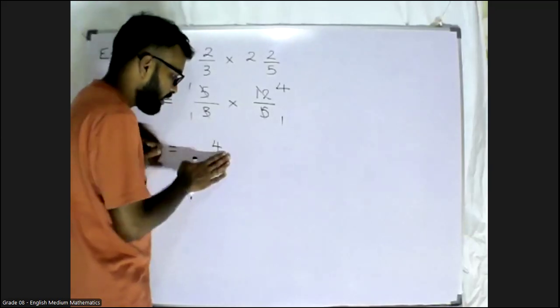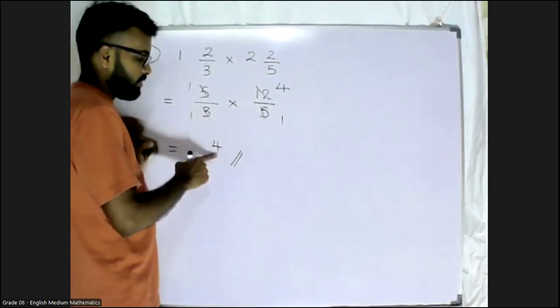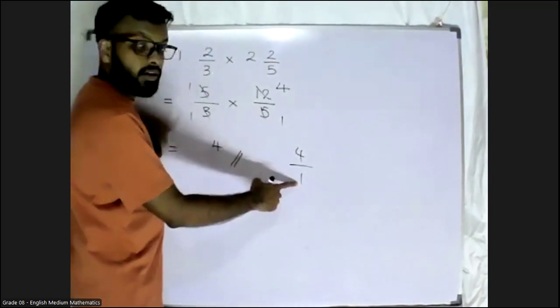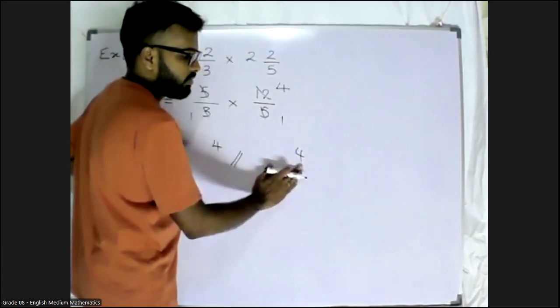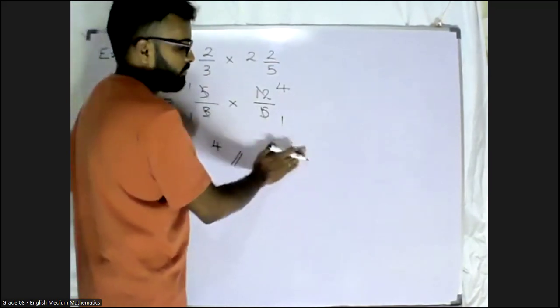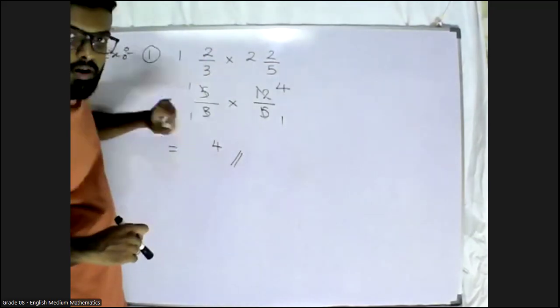So the answer should be 4, right? If your denominator is 1, no need to write. You can represent only the numerator. So it doesn't matter, right? So this is example number 1.